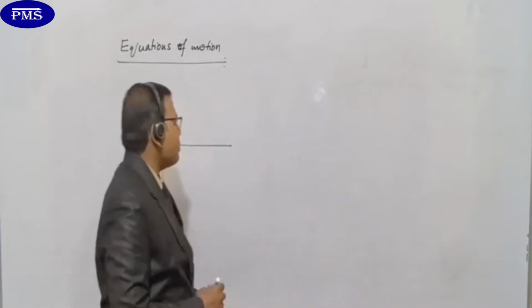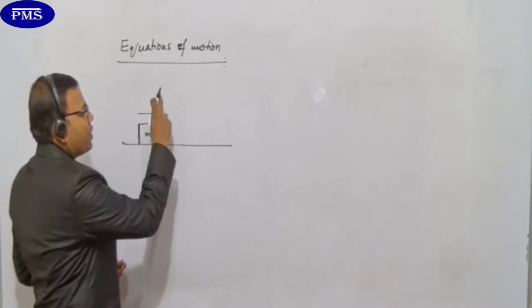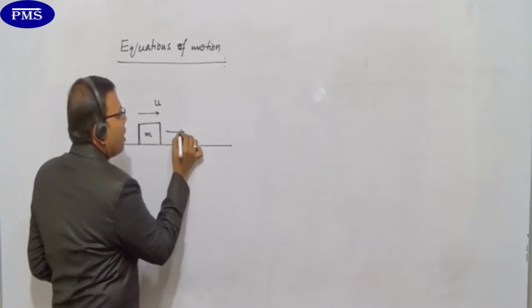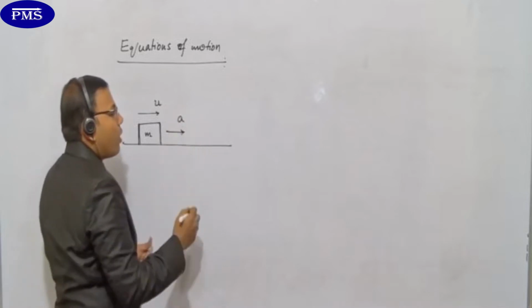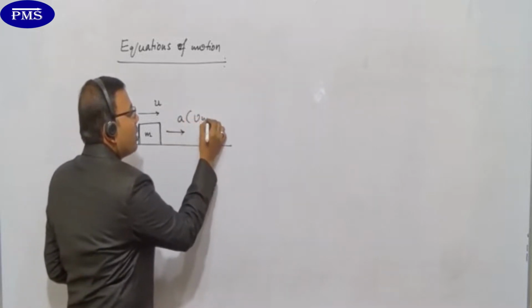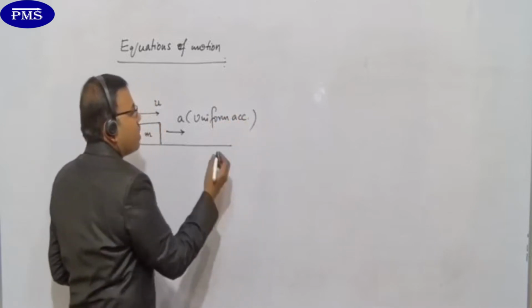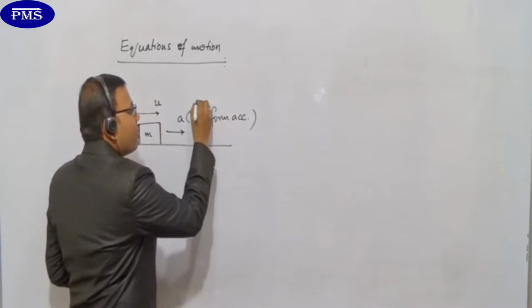Okay? So it is having the initial velocity u, and this object is moving with a constant acceleration, or I can say that this is moving with uniform acceleration. Uniform acceleration. This word is very, very important, students.